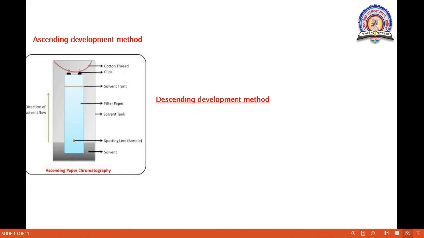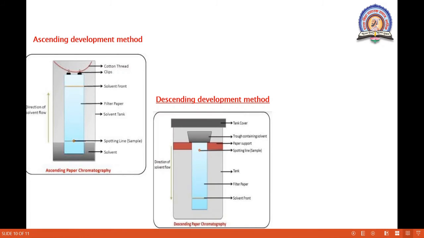Then the second one is the descending development method. In that, the mobile phase runs from top to the bottom. From top to the bottom, the mobile phase is running due to capillary action and the separation takes place. That's why the name is descending development.